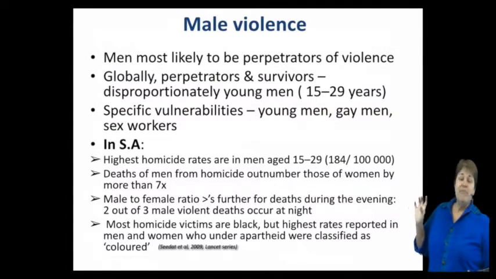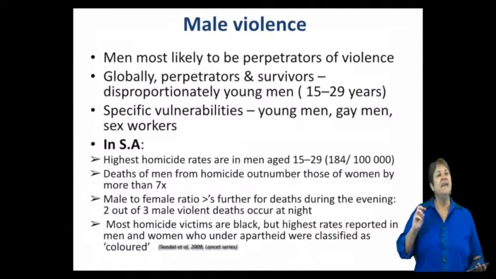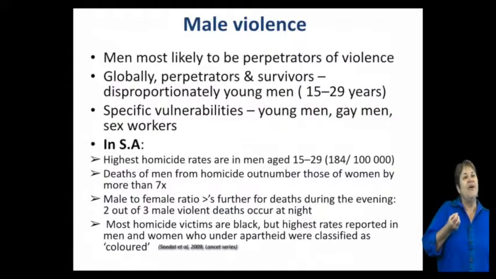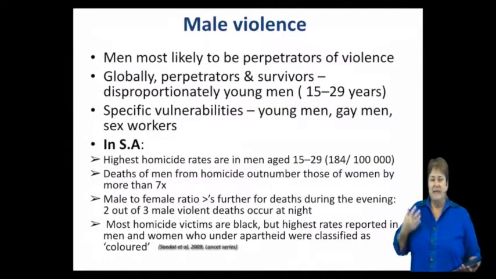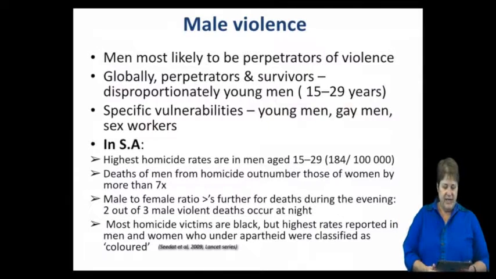I'd like to also look at male violence, because we could see male violence in some situations as also a form of gender-based violence, in that it often stems from machismo, from men feeling that they need to show other men that they are a real man, in terms of how men are seen in our society socially.